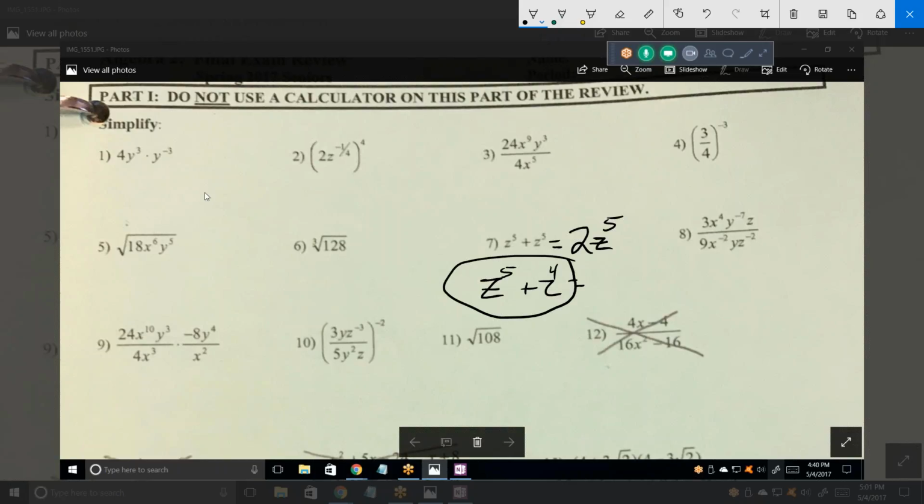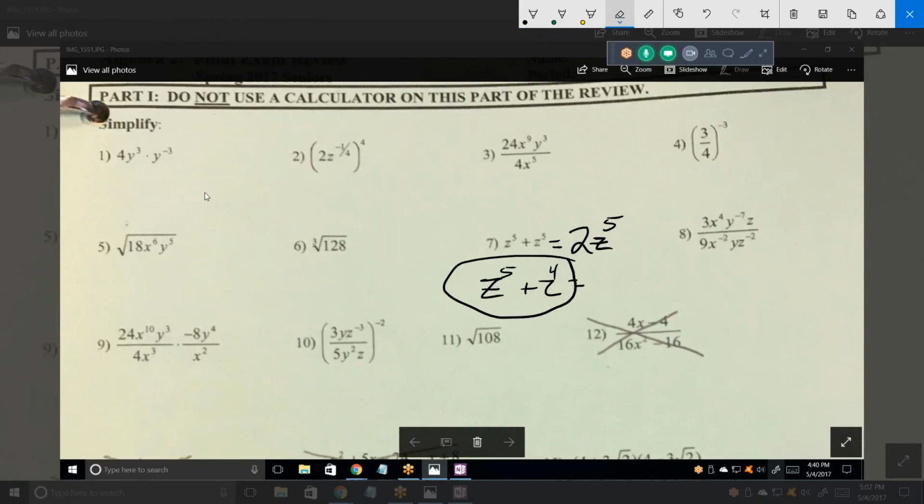Think of a z to the 5th as an apple. Think of a z to the 4th as an orange. I cannot add 1 apple plus 1 orange. But up here, my z to the 5th is an apple. I got another z to the 5th. That's another apple. If I add 1 apple plus 1 other apple, I got 2 apples. 2z.